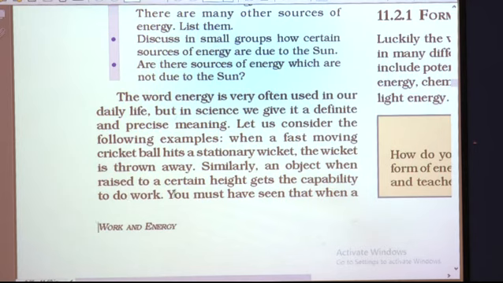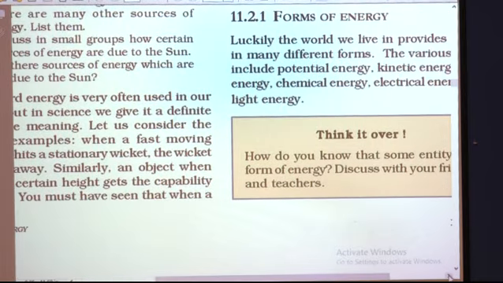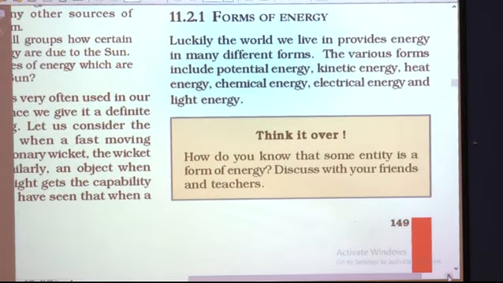In these two examples we understand that a fast moving ball has some energy in it, and the object present at some height also has some energy in it. So in these two examples we get two different forms of energy, that is kinetic energy and potential energy respectively.